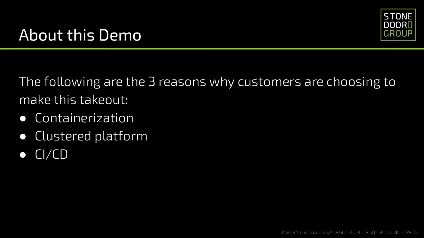So why are we moving to OpenShift? There are three basic areas: the containerization aspect, cluster platform, and CI/CD. Containerization is simply taking an application and bundling it with all of its dependencies. And so it's an isolated process on a system.